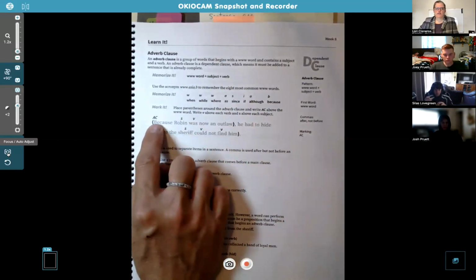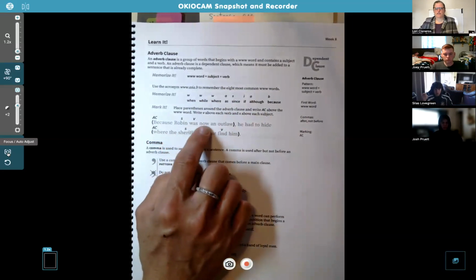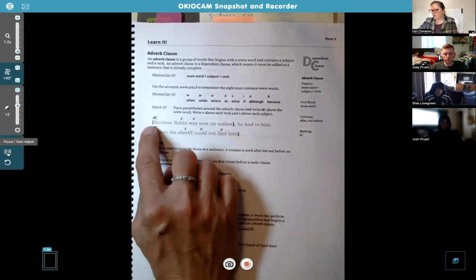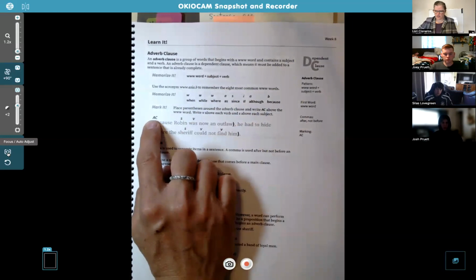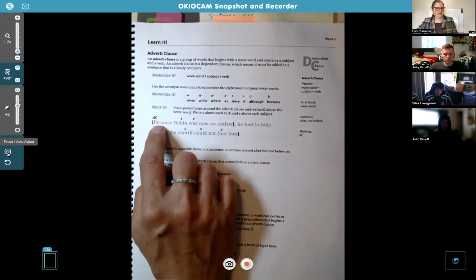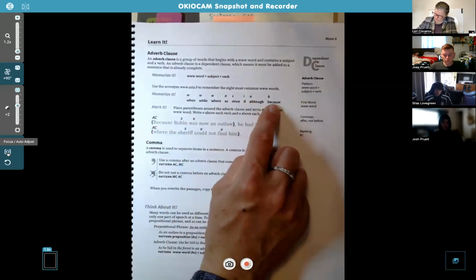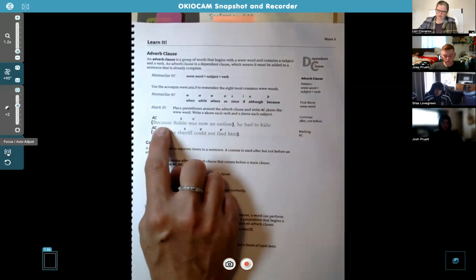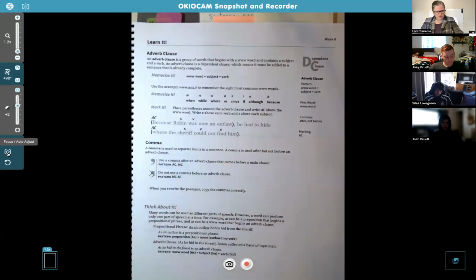The adverb clause is because Robin was now an outlaw. See how they used parentheses and labeled it with AC. And to identify it, it begins with the word because right here. And that is one of the Asia words, because.